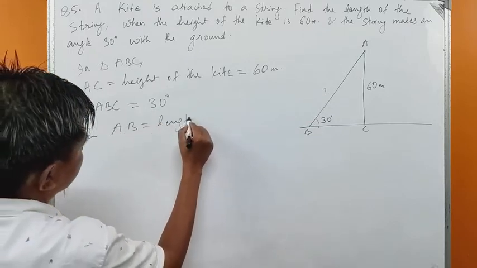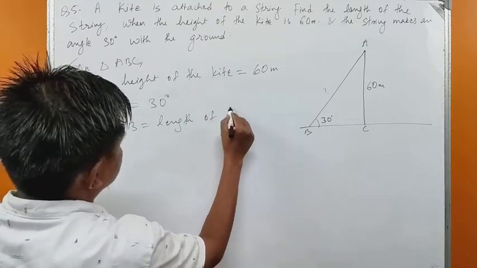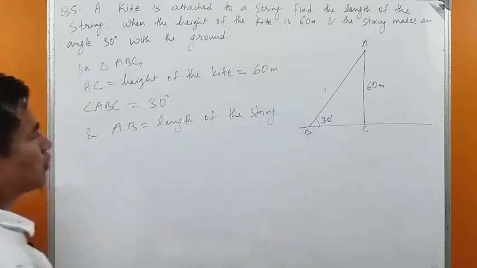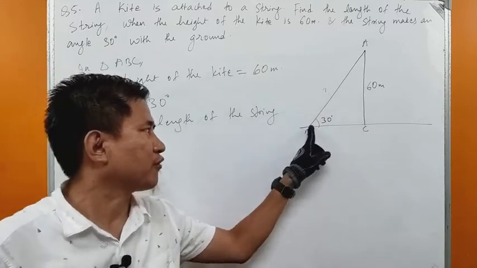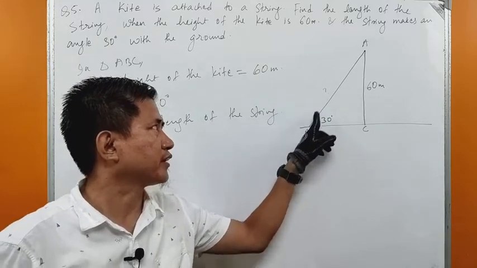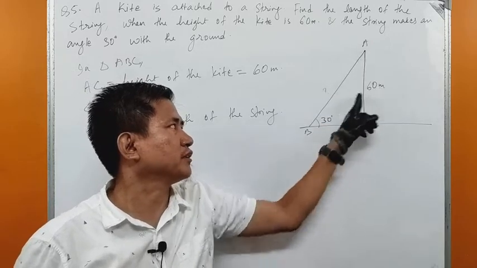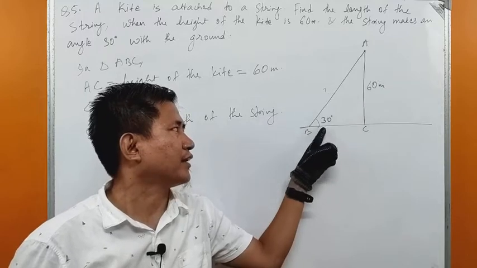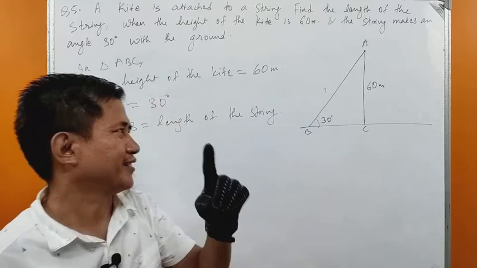This is what we are asked to find, length of the string, isn't it? You are flying a kite from this point B. The kite is flying here. The height of the kite from the ground is 60 meter. We are asked to find this length of the string. Okay, and the angle that the string makes with the ground is 30 degree.